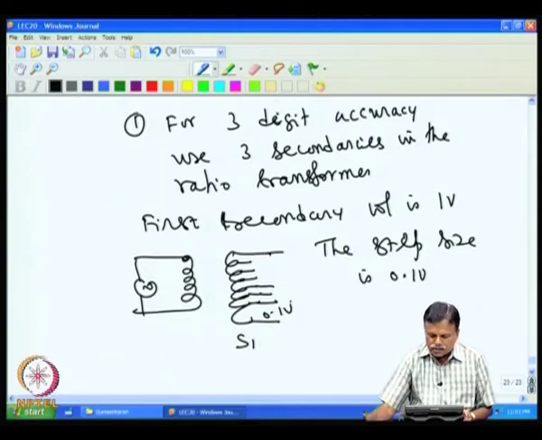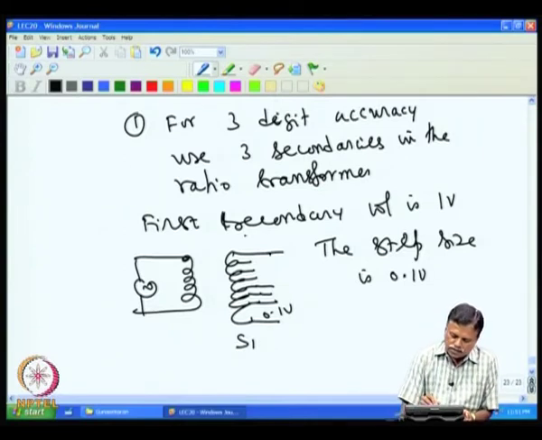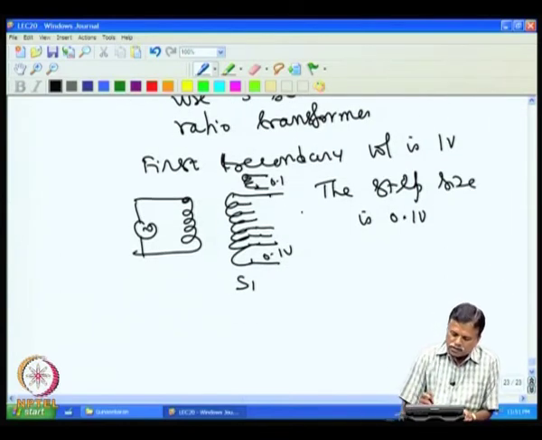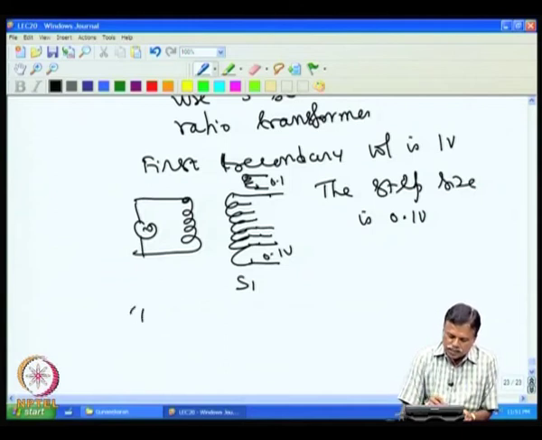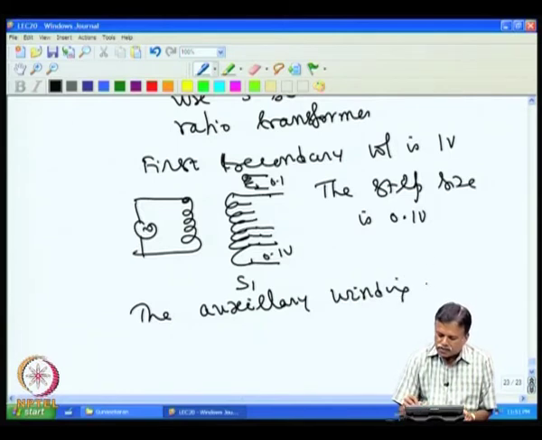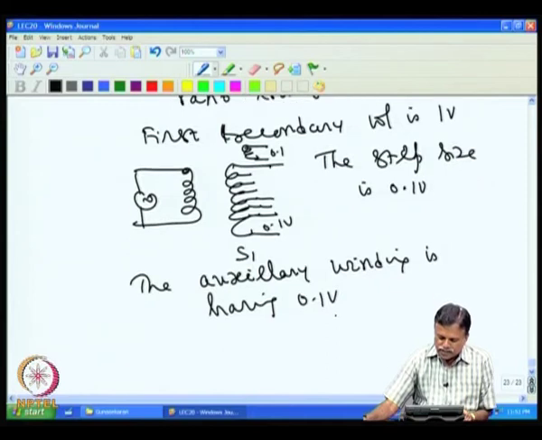Then another 0.1 volt auxiliary winding is added. This 0.1 volt from the first coil energizes the second winding.